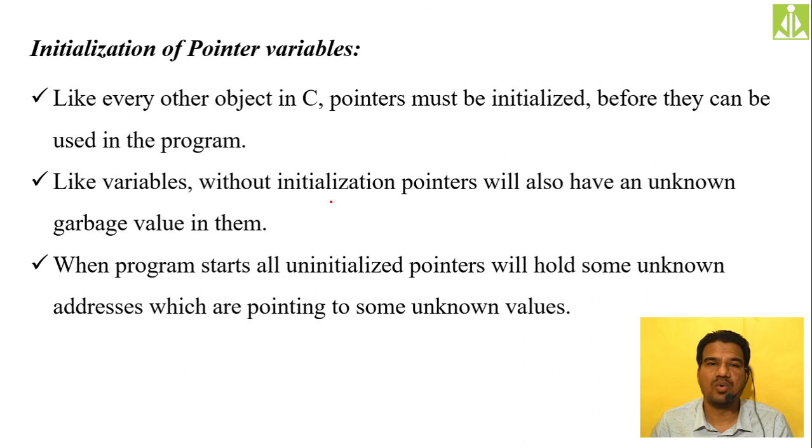When the program starts, all uninitialized pointers will hold some unknown address, which are nothing but garbage addresses, and definitely they are going to point to some unknown, garbage values.